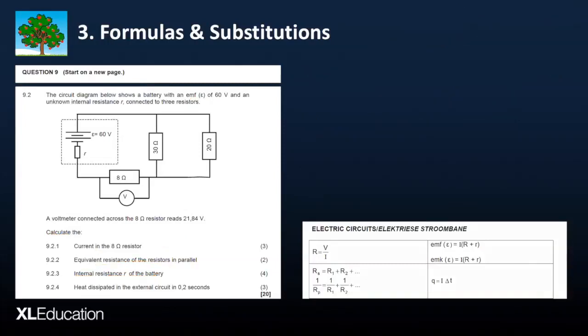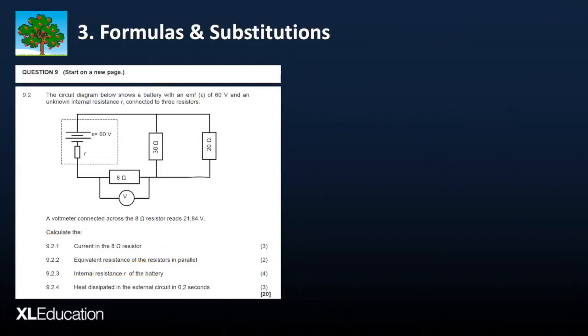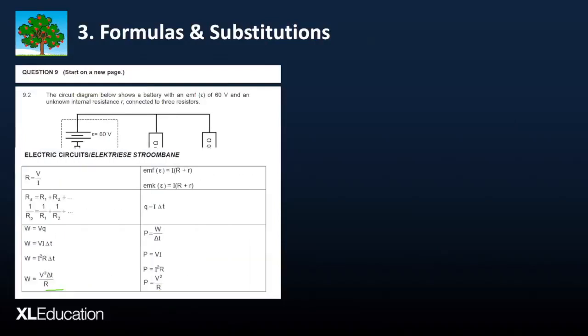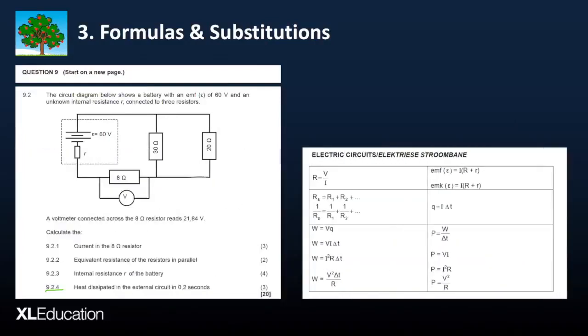Right, let's have a look at the last part of the question, which is 9.2.4. There's our formula sheet. Heat dissipated in the external circuit. We want heat. Heat is given in joules, so we need to use this formula, that is work.